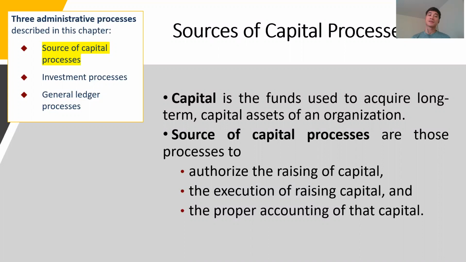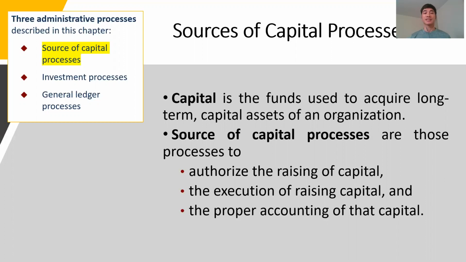Capital usually comes from long-term debt or equity. Long-term debt results from borrowing funds via loans or bonds payable, and equity results from issuing common or preferred stock. These financial instruments provide the capital necessary to acquire long-term capital assets.